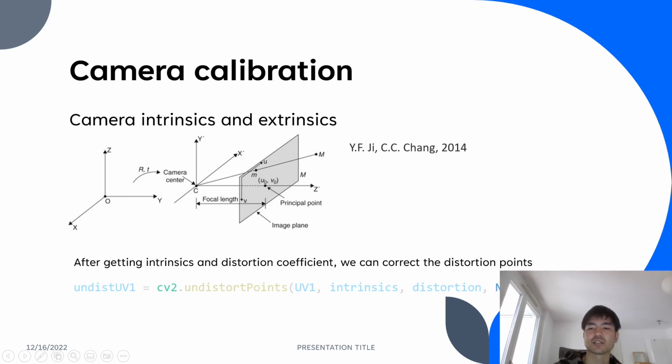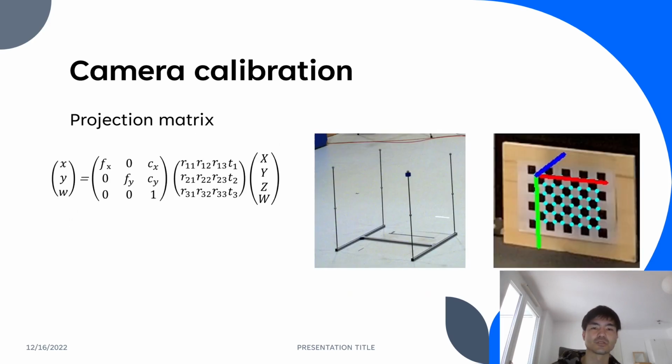I'm sorry, I mixed up intrinsics and the distortion parameters, but the intrinsics parameters you have to put in at the end. I will show you the Python code later, but let me quickly go through the projection matrix right here.